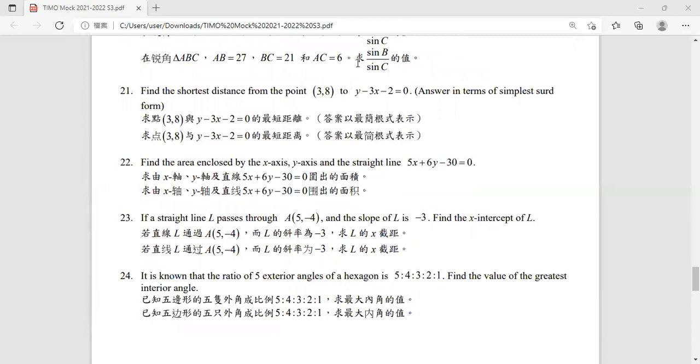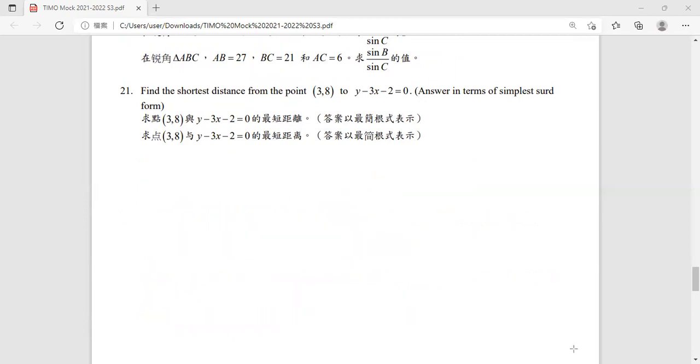Now, this one. Actually we have a formula for this one.